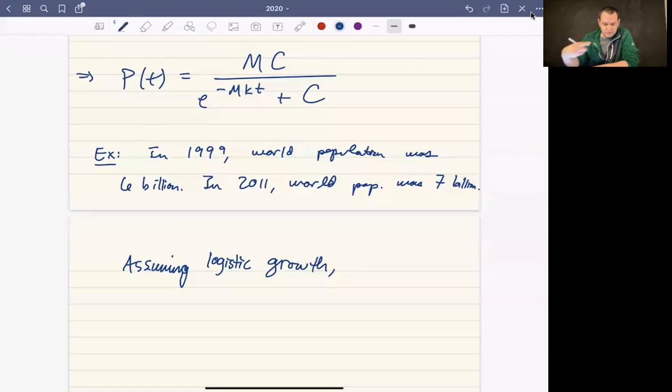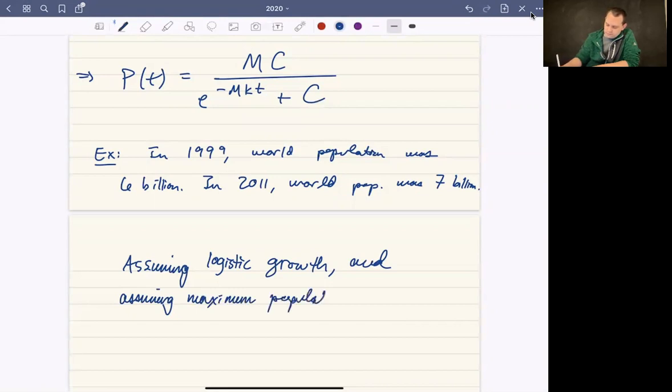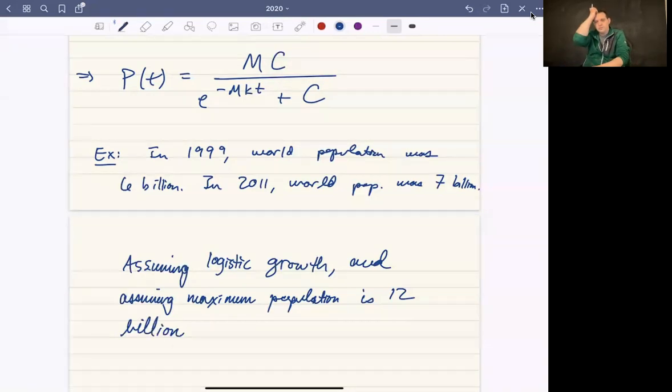Assuming that the max population is say 12 billion. Estimates differ on that, but 12 billion seems a safe, nice round number. So let's assume that the maximum population is 12 billion.